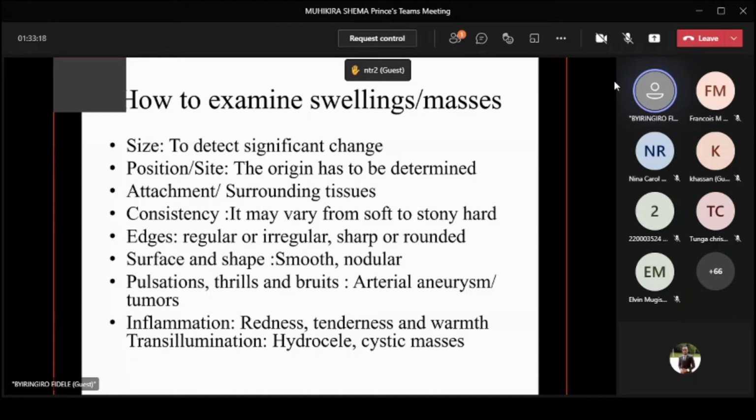Taking the example of the inguinal hernia, there is a protrusion of the abdominal contents through the inguinal canal. That means if you have a mass which is moving from the internal ring of the inguinal canal through the external ring of the inguinal canal, that mass has an origin and it has migrated to another position, which means if the mass is getting incarcerated or strangulated, the mass has moved from one position to another position.